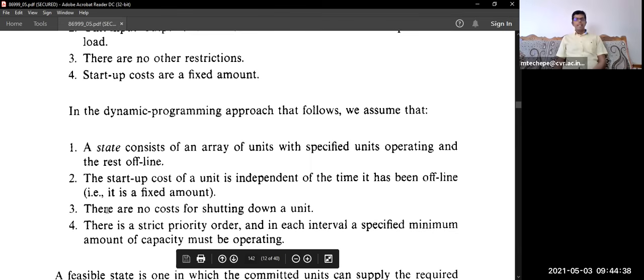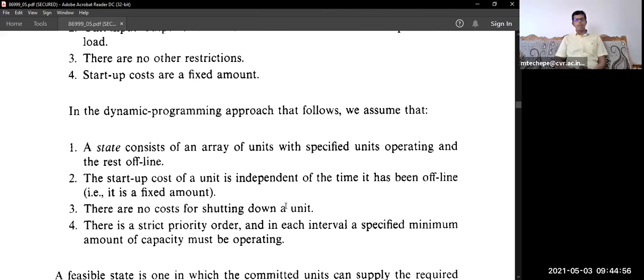There is no cost for shutting down a unit. But in practice, for thermal generating units, there is some cost for shutting down the unit.